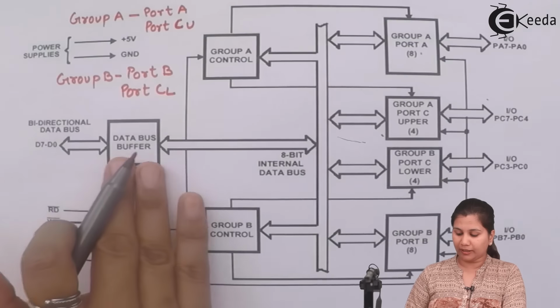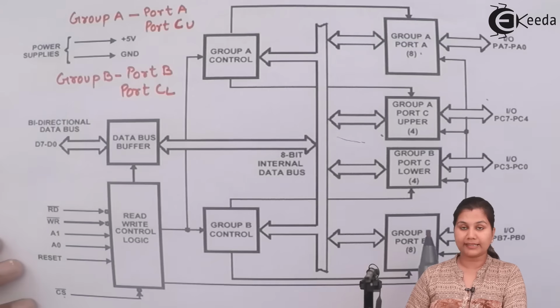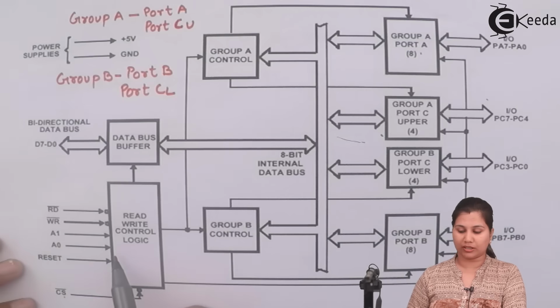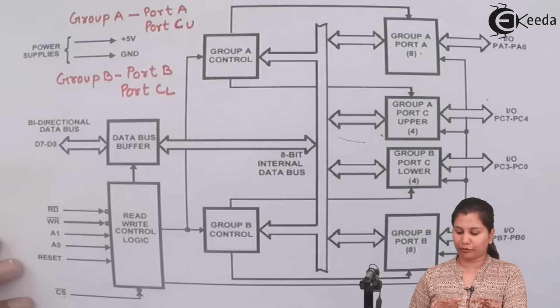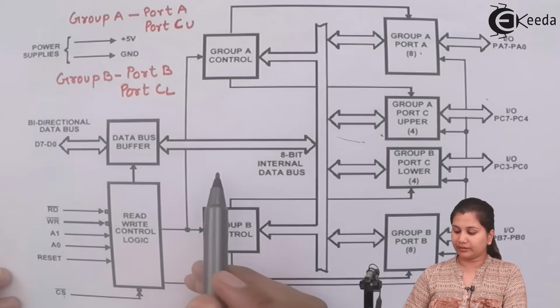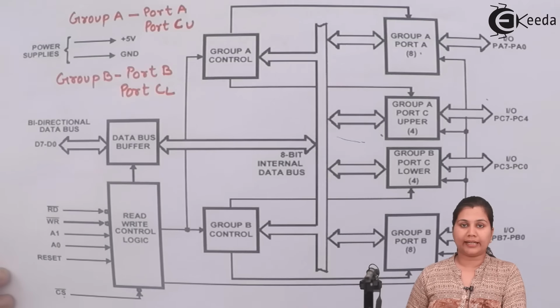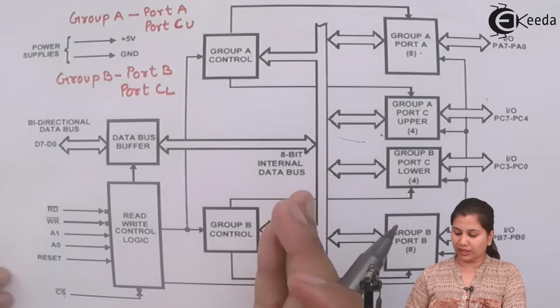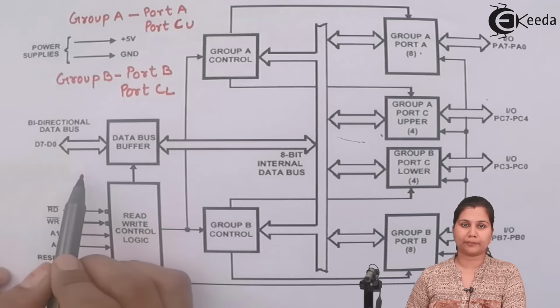Whatever data is to be written into ports A, B and C, or into the control register, is provided by the CPU of the microprocessor into the data bus buffer. And when data is read from ports A, B, C, that data is also transferred through the internal data bus onto the data bus buffer.